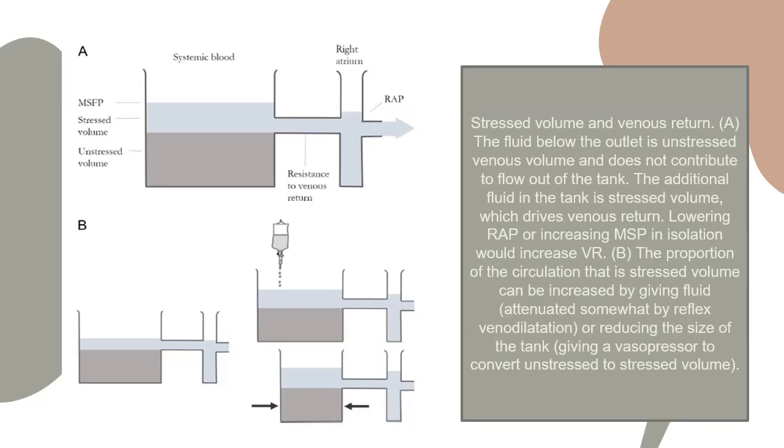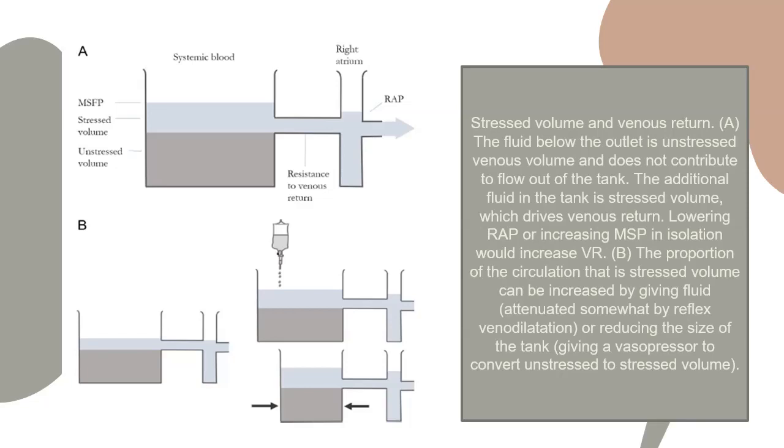And if your preload increases, the contractility of your left ventricle is supposed to be better because it is stretched. More stretch causes more forceful contraction of the left ventricle and an increase in your cardiac output.